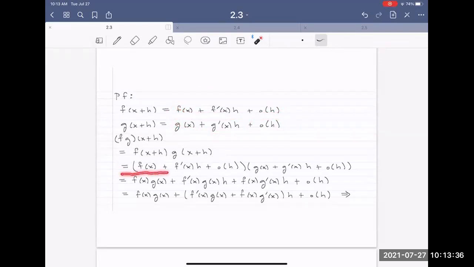So this is equal to the quantity f(x) plus f'(x) times h plus little o of h, times the quantity g(x) plus g'(x) times h plus little o of h. And now let's just multiply this out.